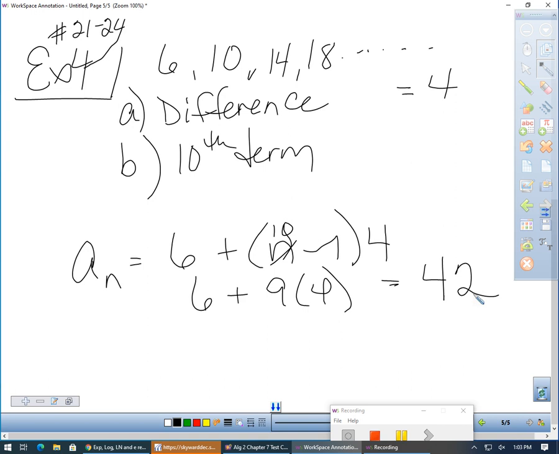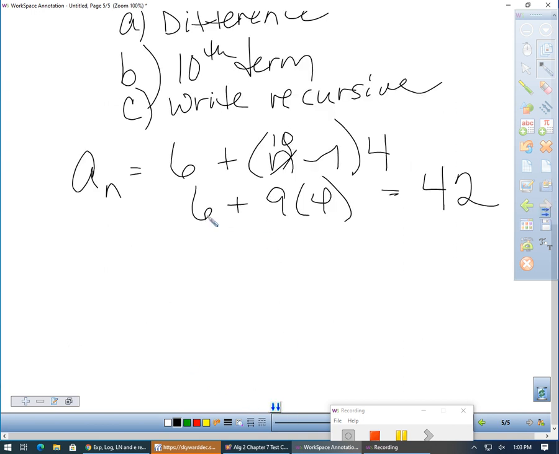Part C, I want you to write a recursive rule. When we write the recursive rule, there are 2 parts to it. The first one is always a sub 1 equals whatever your starting number is.